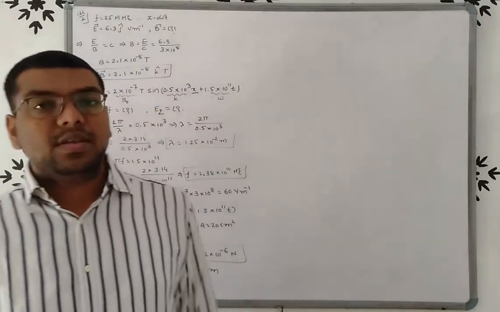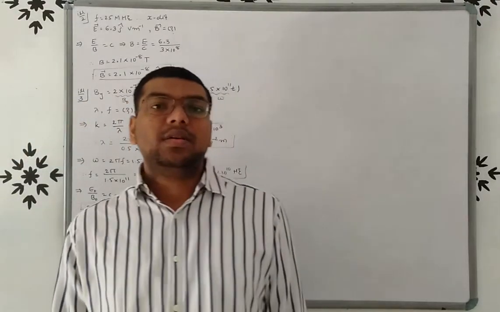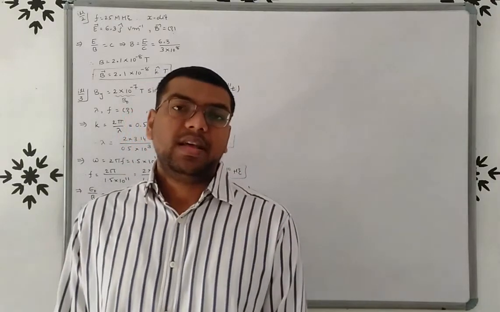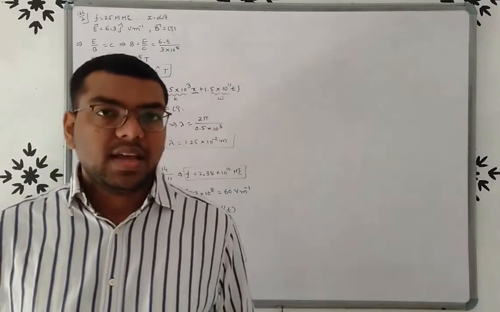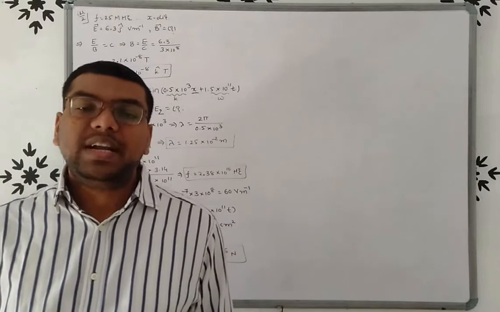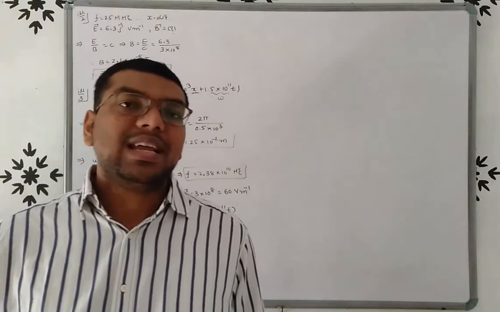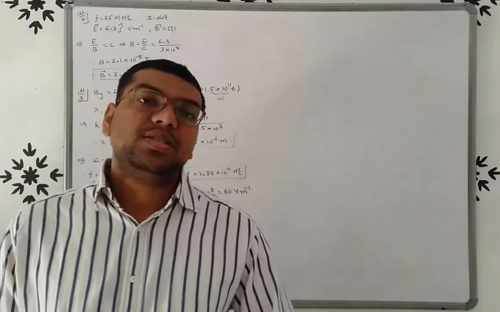So friends, once again you have to remember one formula. The formula of intensity in terms of electric field, I is equal to epsilon 0 c E square RMS, and the formula of intensity in terms of magnetic field, I is equal to B square RMS upon mu 0 into c. You have to remember these two formulas.